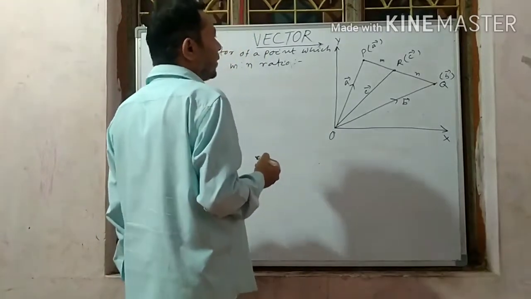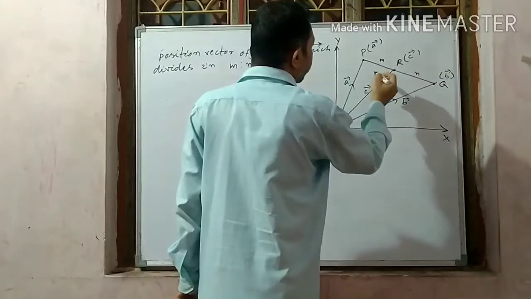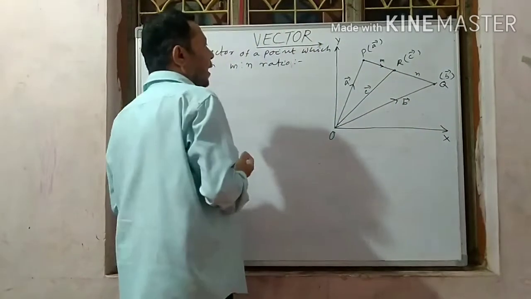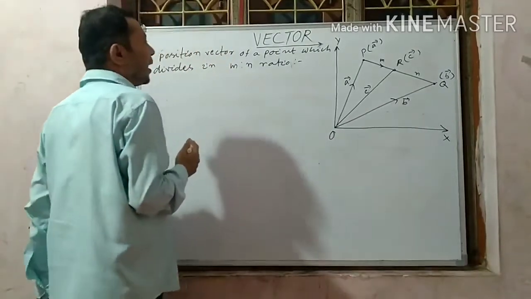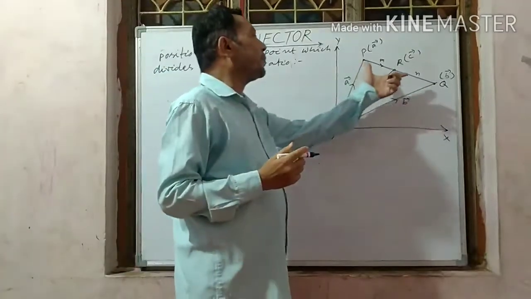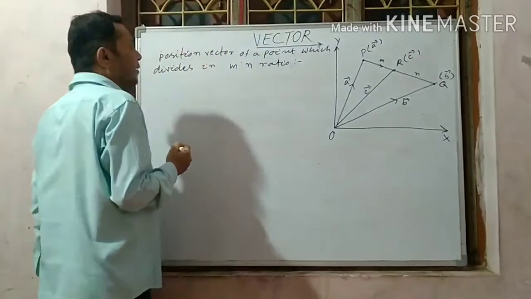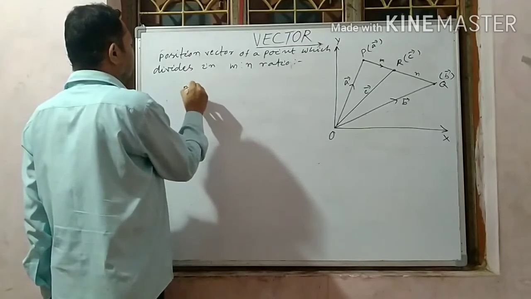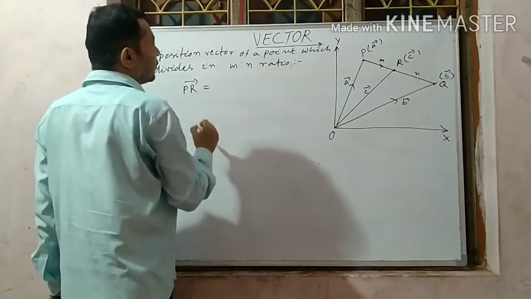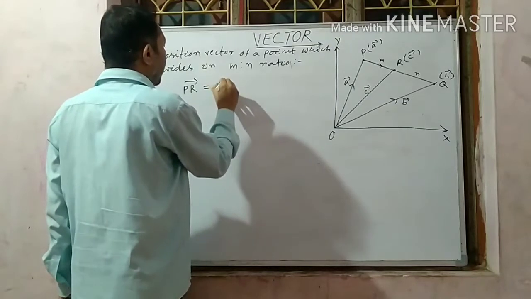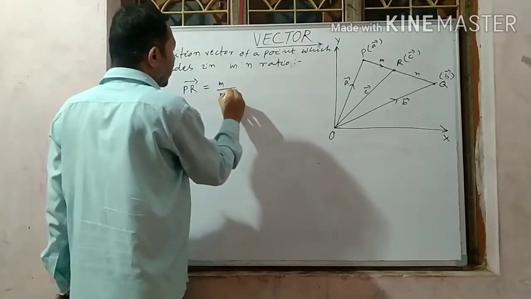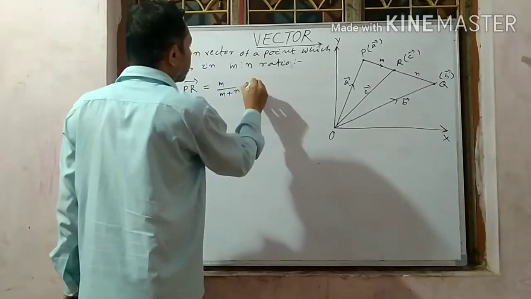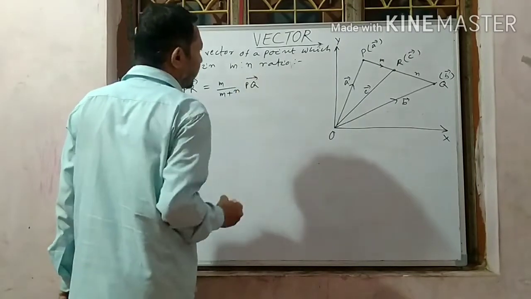So, you see here, let us first find out vector PR. Vector PR is a part of the vector PQ. So vector PR is equal to m by m plus n parts of vector PQ.